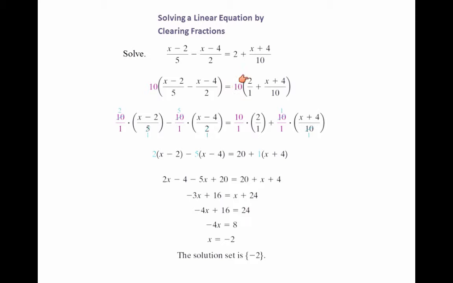Well, 10 times 2 becomes 20. 10 over 10 will be 1. So this equation here is identical to this one. It's a lot easier to deal with. So all I have to do is just distribute, isolate the variables, and solve for it.